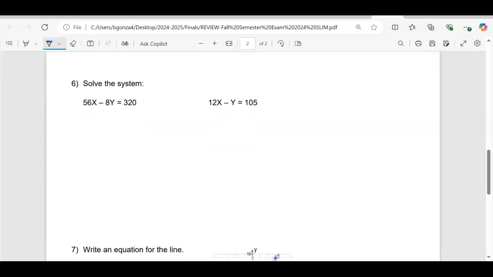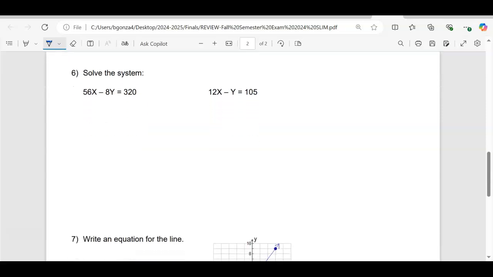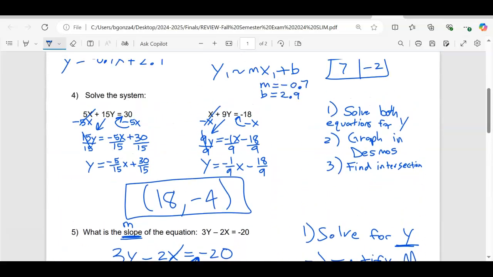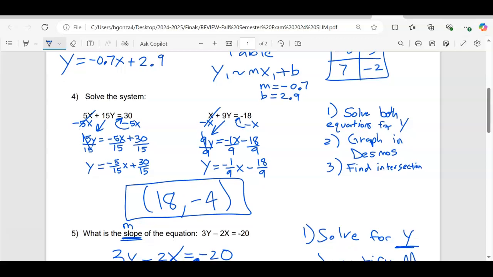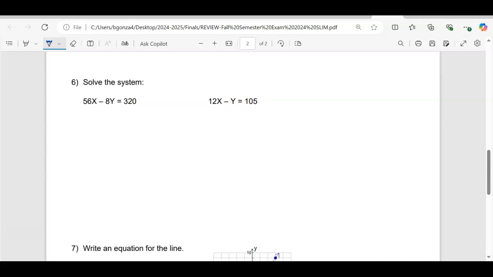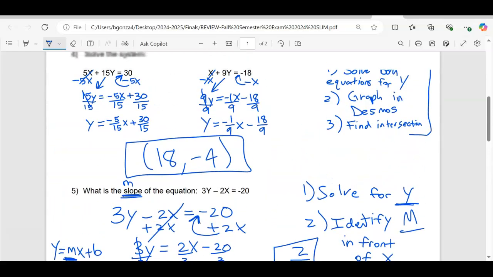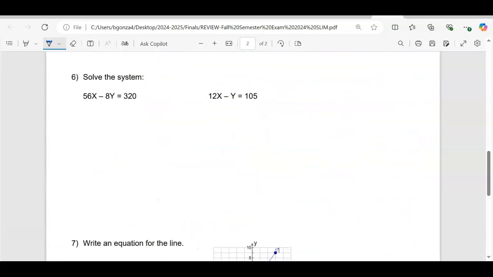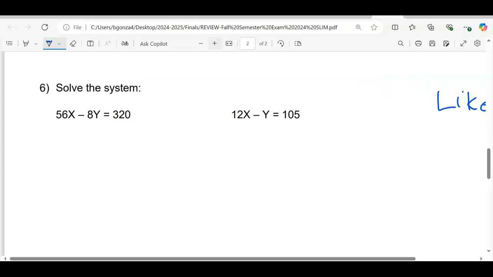All right, more than halfway done. Solve the system. So we're going to do it the same way as this, right? So I'm just going to put it's like number 4. So let's solve for y.